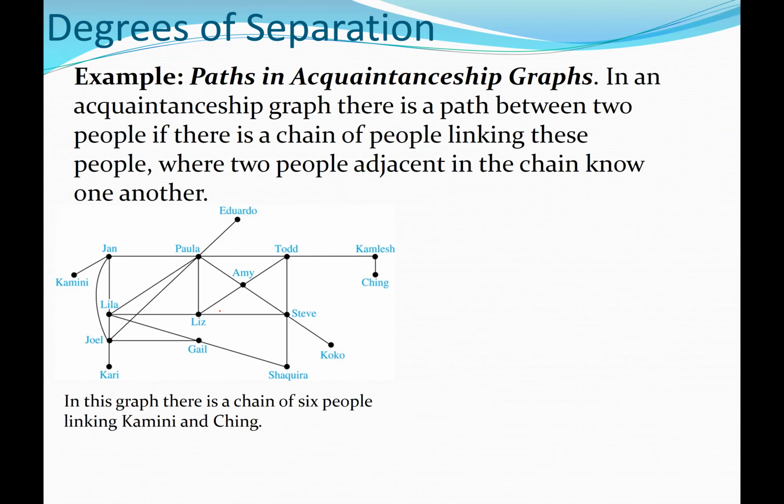There are a lot of options, but if we consider Kamini and Jing, there's a chain of 6 people linking them. Kamini goes to Chen, to Paula, to Todd, then Todd to Camlet, and Camlet to Jing, and vice versa. It's an acquaintanceship graph, an application where we see this in real life.